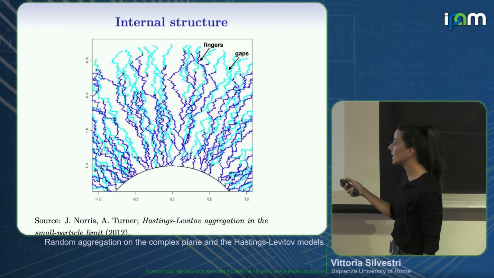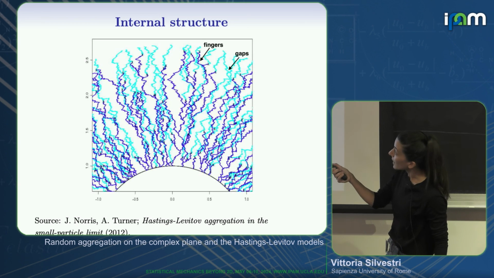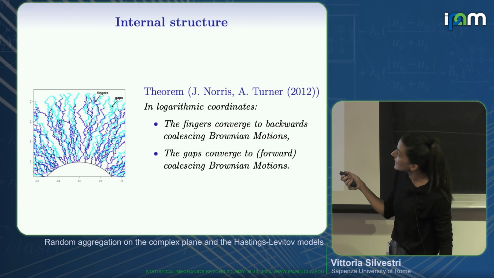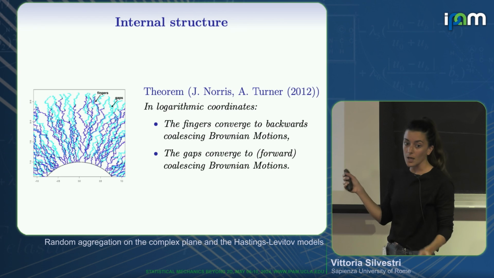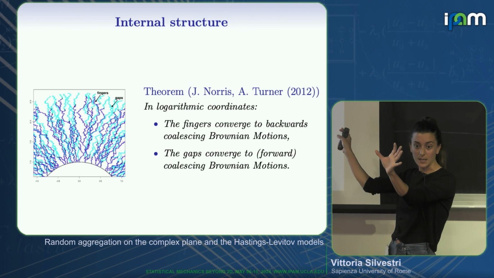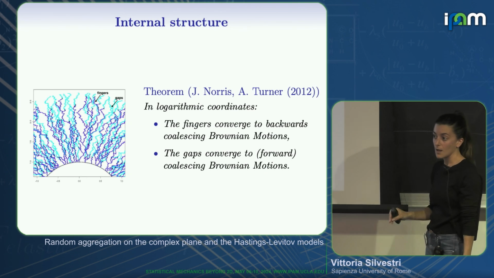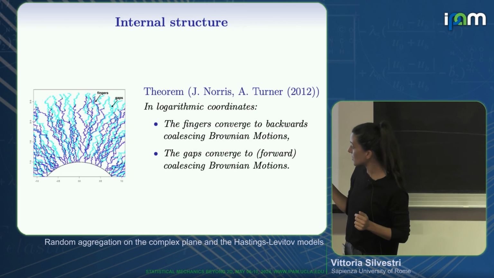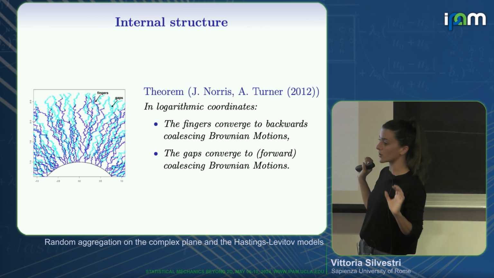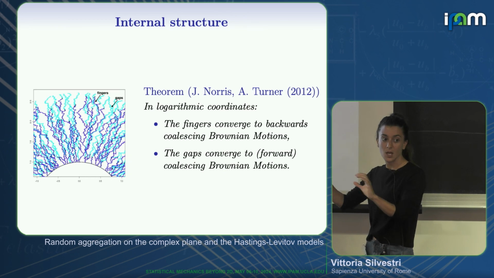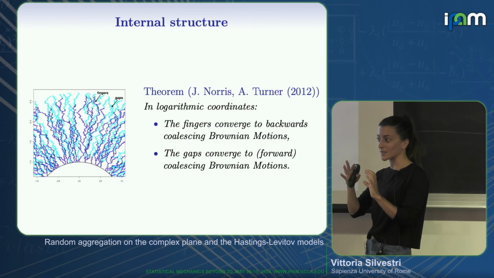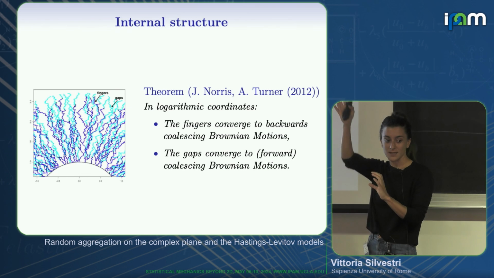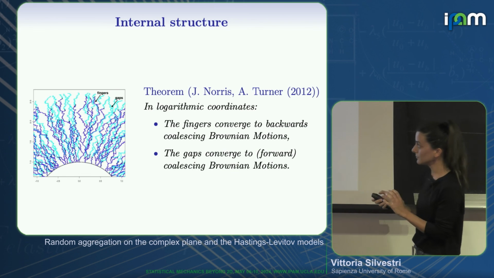And what James and Amanda proved in the same paper is that in the scaling limit, these backward coalescing random curves converge to backward coalescing Brownian motions, for any finitely many points that you take in your cluster. And you can also do it outwards, and you get the dual of this picture, which they call the gaps, and those converge to forward coalescing Brownian motions. So the gaps are like the shortest paths that you can take to escape your cluster without touching it.